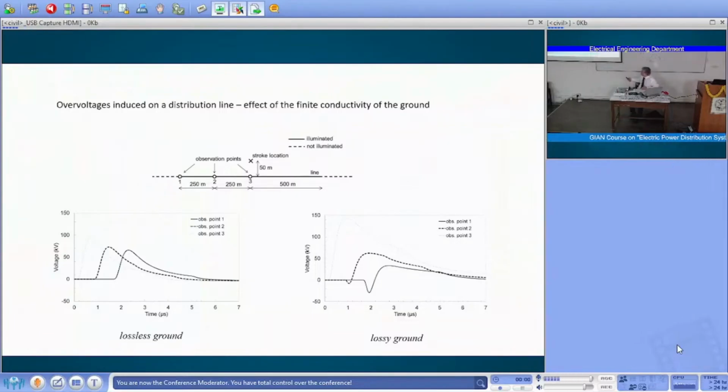So you see that the voltage here is higher than here, and the voltages are higher, and moreover there is this effect of this peak. If we calculate the voltage very, very far, this peak increasingly goes down. So you can also have the maximum overvoltage very far from the lightning point, so not near to the stroke location.